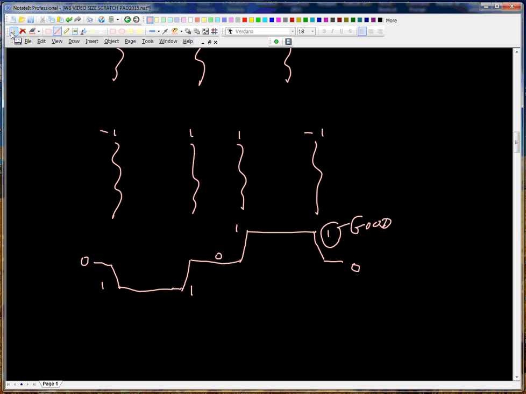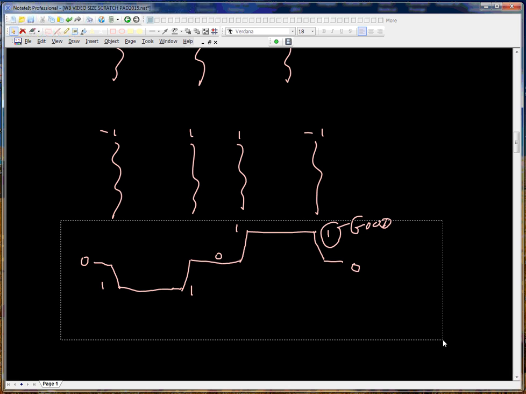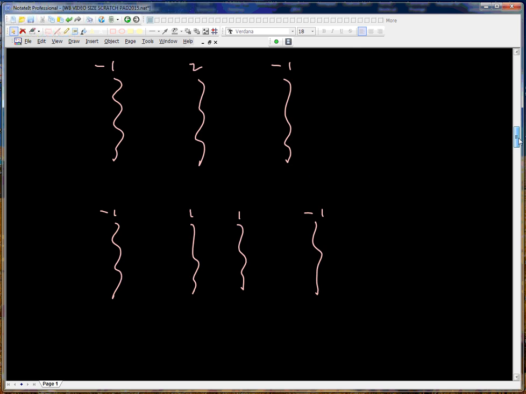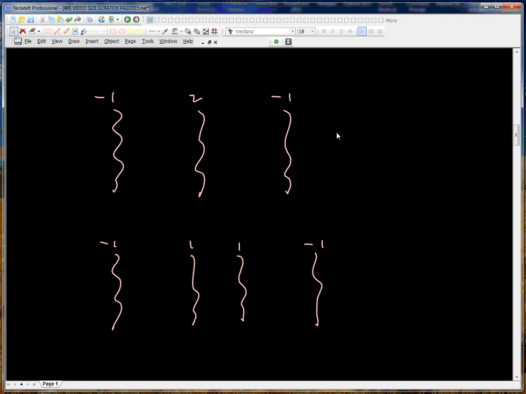Now, the next step, and I want to explain this rather carefully to you, is that this is the actual design. And this is the calculated design.